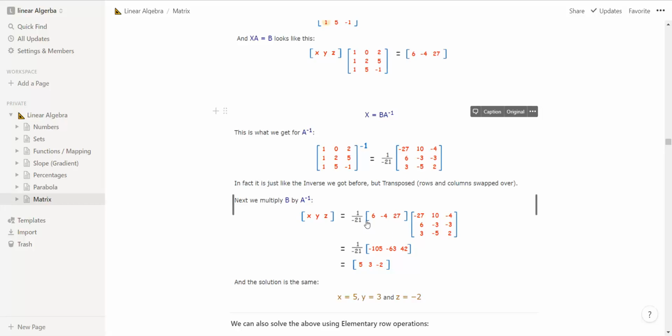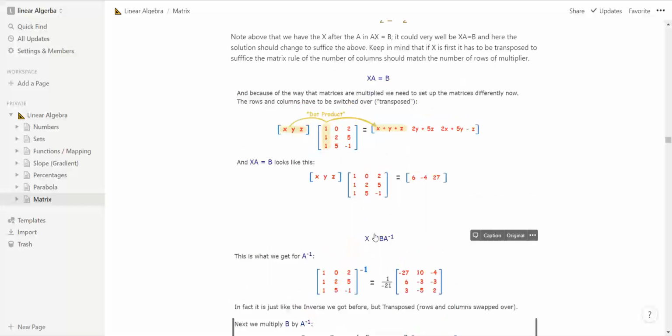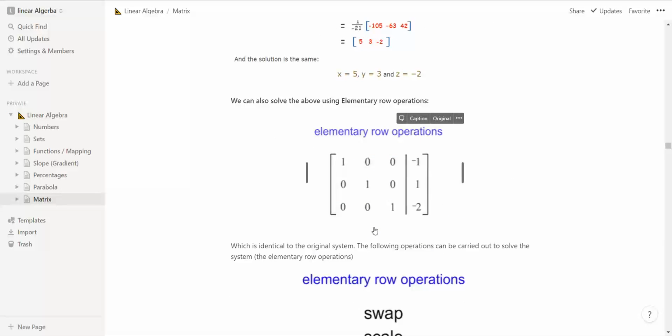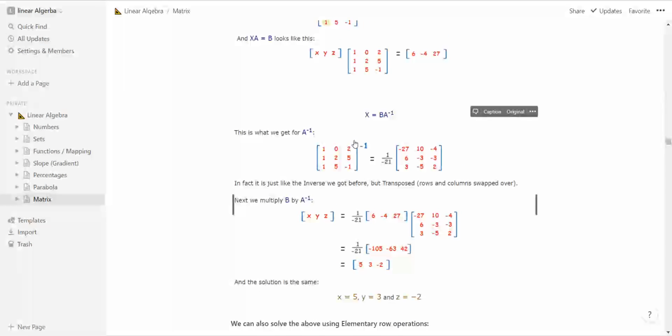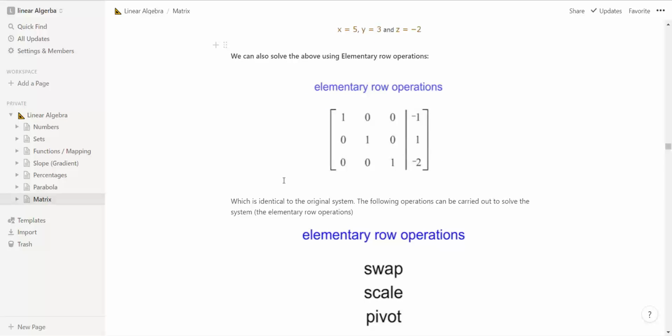Multiply this by the inverse of this, and that's where we get similar results. We can also solve the above another way, not using the inverse, but using row elimination operations.